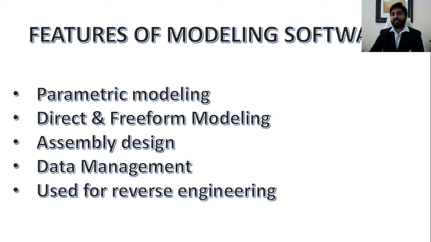If we want to make changes in some dimensions, we just have to edit those dimensions, and all the adjacent features are adjusted accordingly. And then direct and freeform modeling. In most of the software now, there are direct modeling and freeform modeling, so that complex and difficult shapes can be modeled very easily just by pulling and pushing the face.